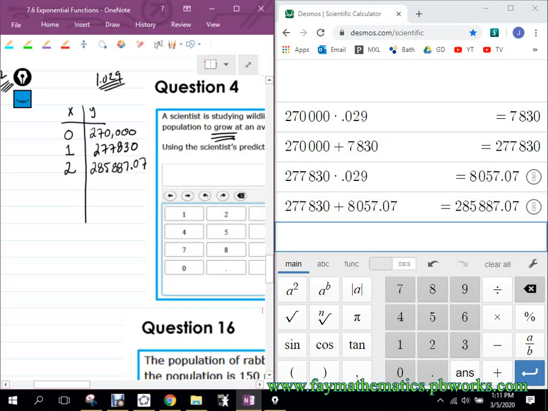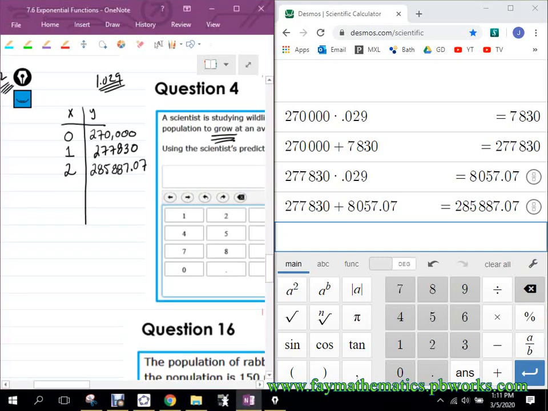Now, obviously, the 0.07 in regards to living things doesn't make sense, right? But that 2.9% will generate values that are not just whole numbers, which is fine. Okay, so now to find year 3, we really don't need to go any further than this, but I can go to year 3.